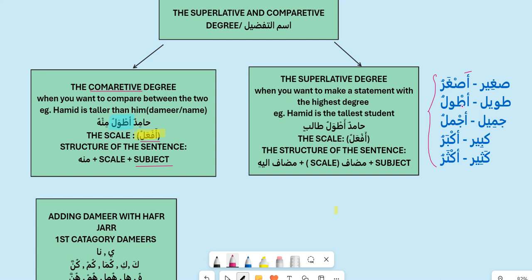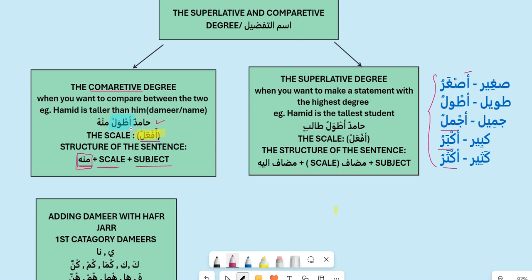So you will follow the scale and then you need to add minhu. The moment you see a minhu in the sentence, you will know it is a comparative degree. You are comparing. For example, here I have given Hamidun atwalu minhu, means Hamid is taller.